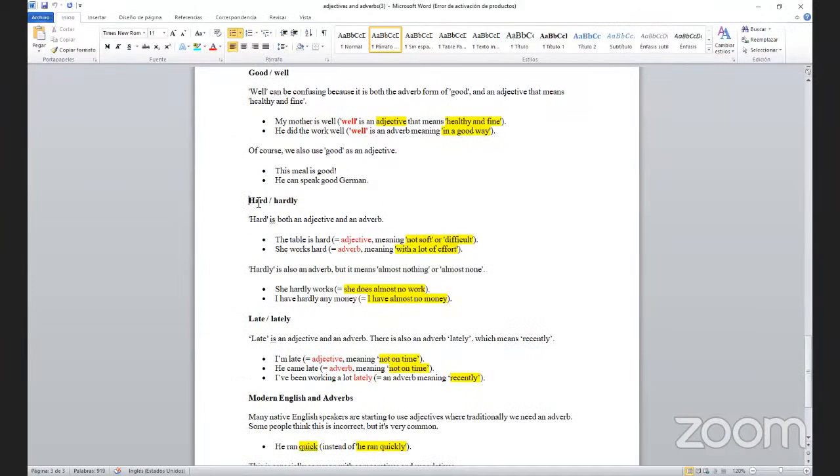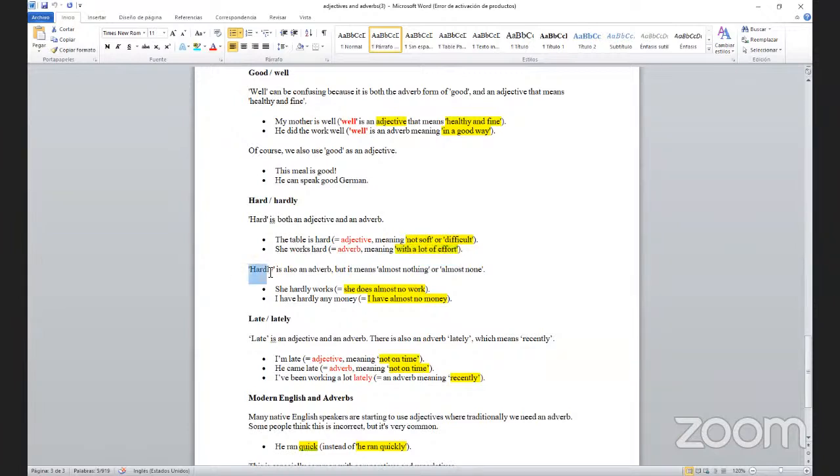We use hard or hardly, but in different cases. The table is hard. It means that it is not soft. It is difficult. It is like the opposite of something soft. She works hard. It means with a lot of effort.